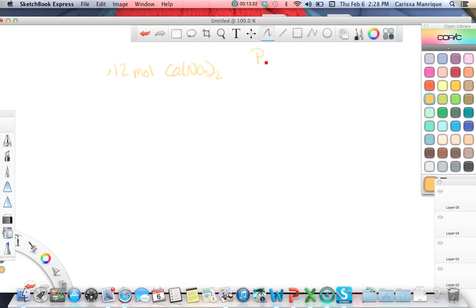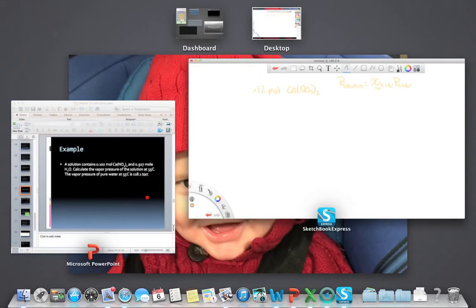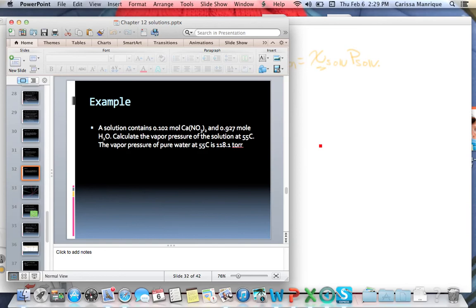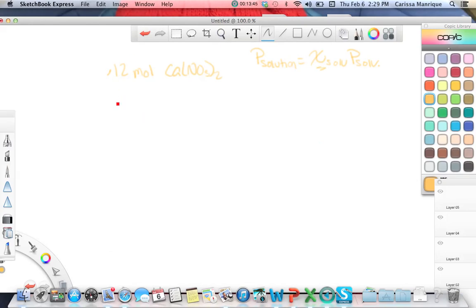Remember, P of the solution equals mole fraction of the solvent times pressure of the pure solvent. So we have moles, and this is going to go into our mole fraction here. And 0.927 moles of water. This is our solute, and this is our solvent.